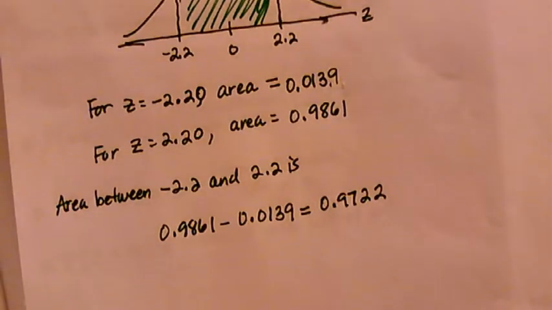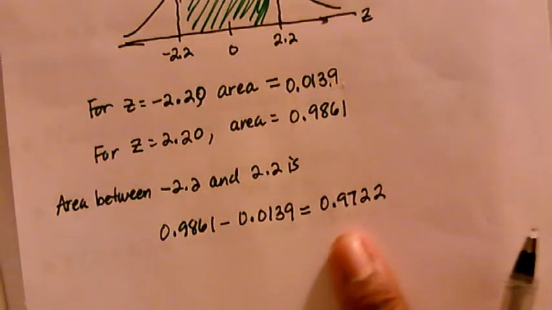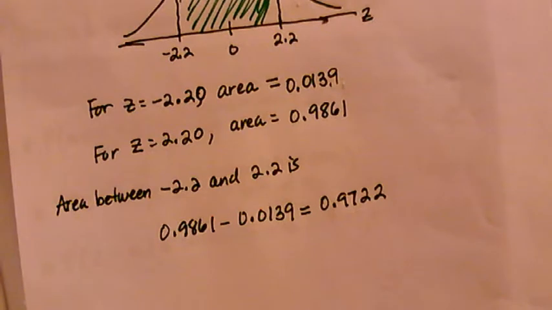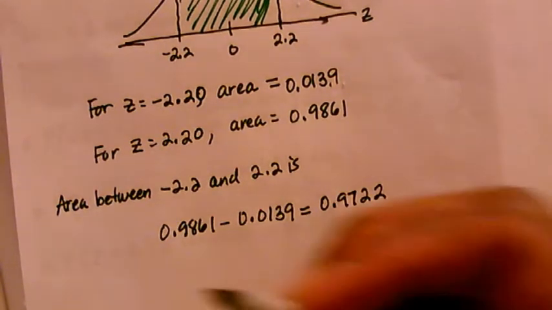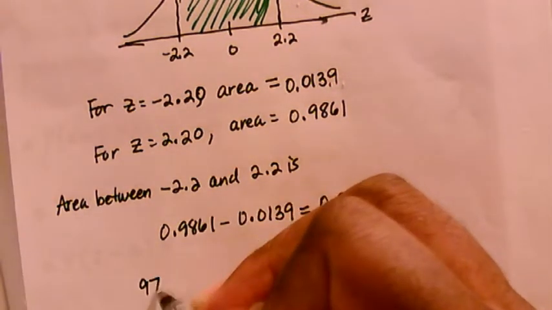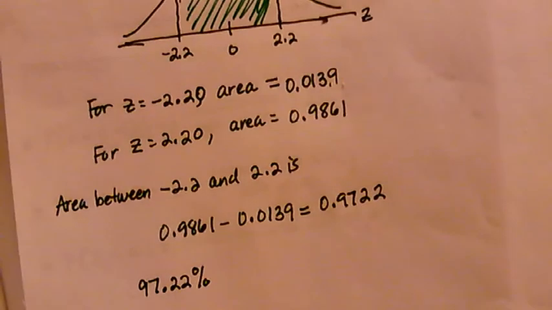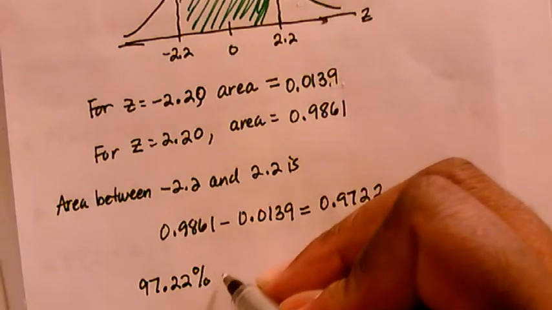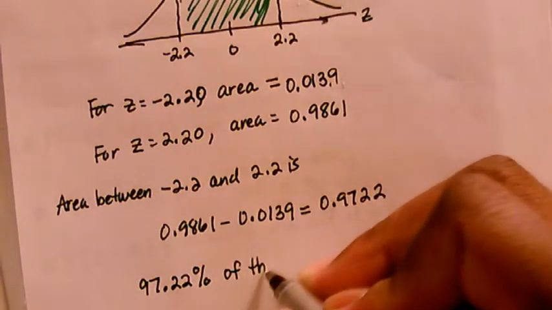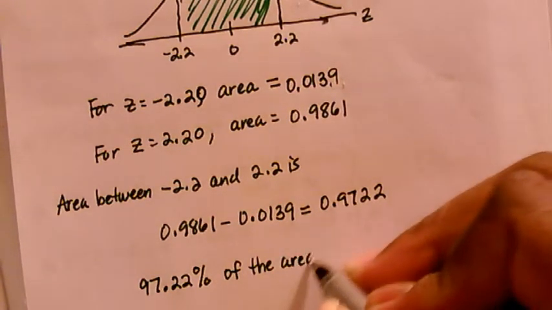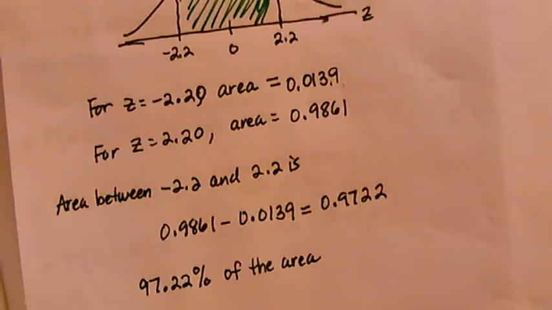Okay? Now that 0.9722 is a decimal. To change this to a percent, you have to move your decimal point 2 places to the right. So 0.9722 as a percent will be 97.22%. And that 97.22% represents the percentage of that area between negative 2.2 and 2.2.